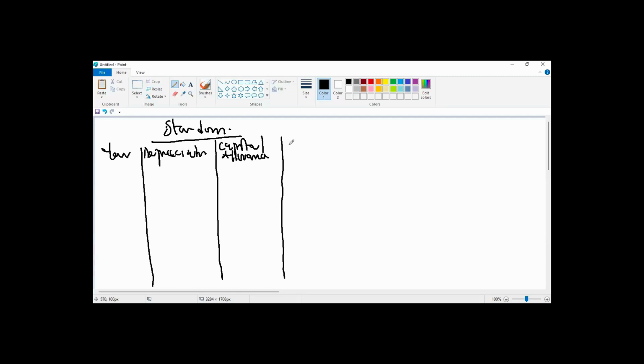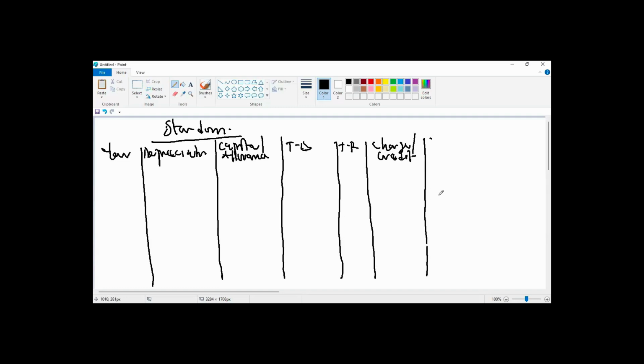Then, as you create a temporary difference, I will ask: what is the tax rate, and is there a charge or credit? To where? P or L. So what is the deferred tax position as at the end?